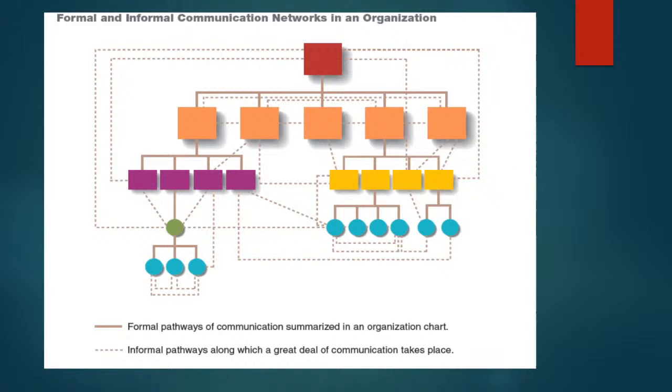He will give his application to the upper level, and the upper level gives the application to the upper level, and finally through the different channels and hierarchical levels that application will reach the top level. This sort of communication is more formal, but most modern organizations are more inclined these days towards informal communication as well, so that a quick flow of information at the different hierarchical levels of the organization may be possible.